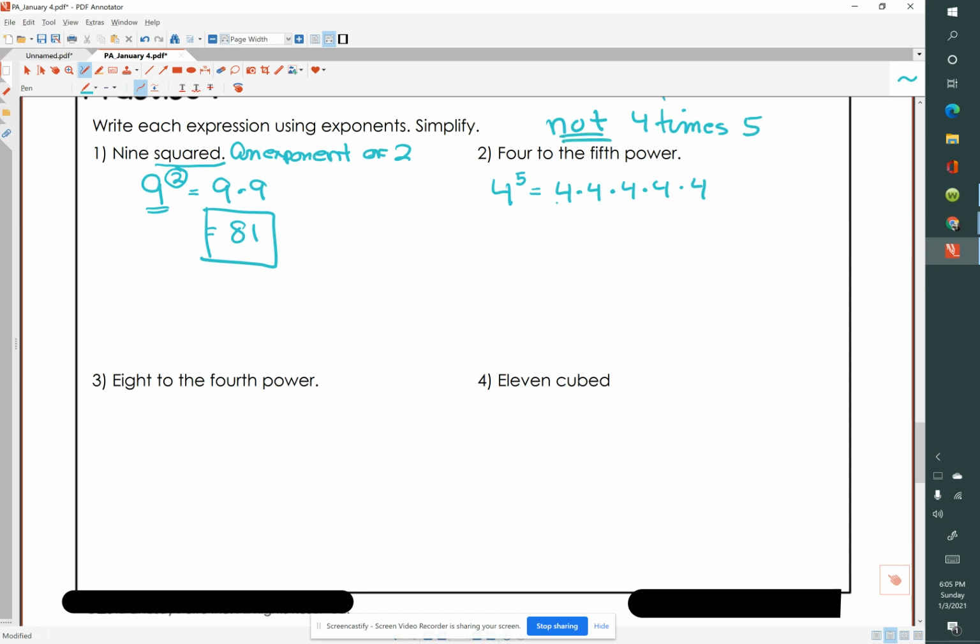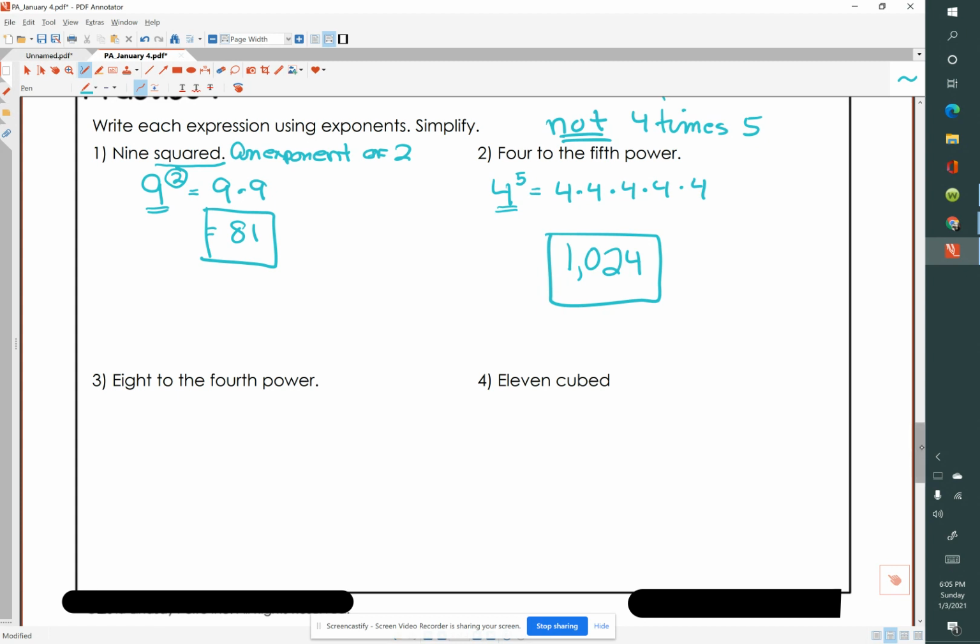That's 4 times itself 5 times. And 4 times 4 times 4 times 4 times 4, you can use a calculator, is 1024. That's right.